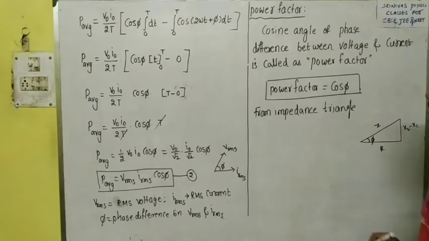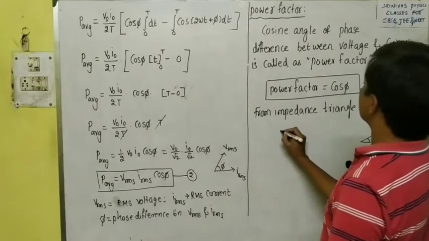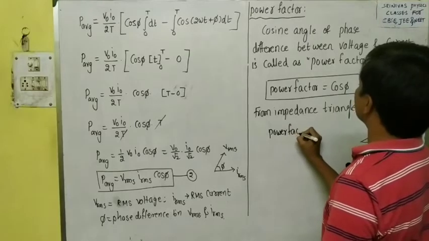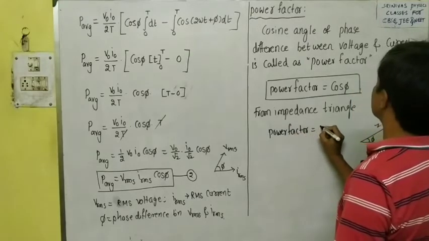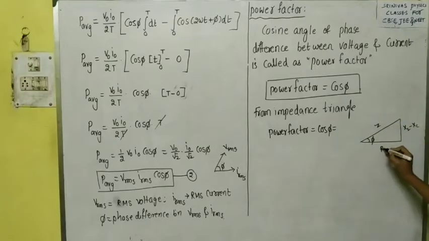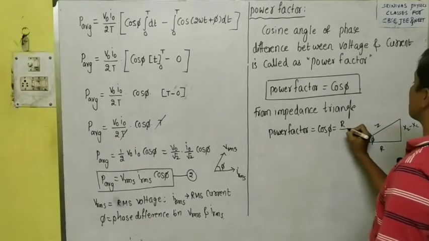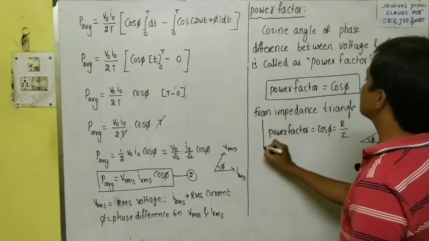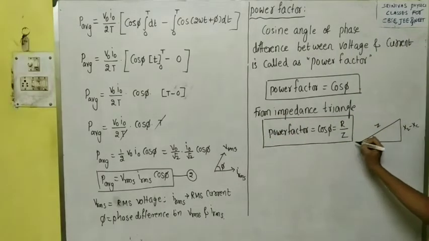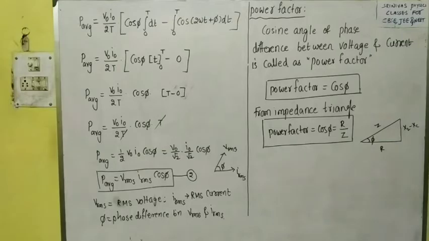From the impedance triangle we write the power factor formula. Power factor is equal to cos phi. What do we write for cos phi from this? Adjacent side by hypotenuse, which means R by Z.